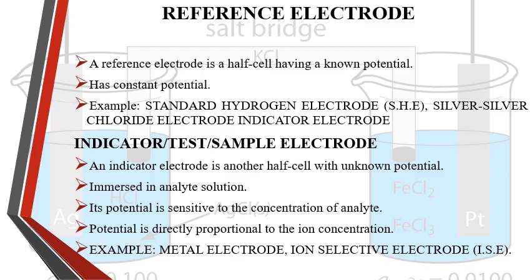The reference electrode is the electrode which has its own potential value, and it is stable when dipped in the sample solution. The indicator electrode has an unknown potential. It is immersed in the analyte solution. The potential is directly proportional to the ion concentration.